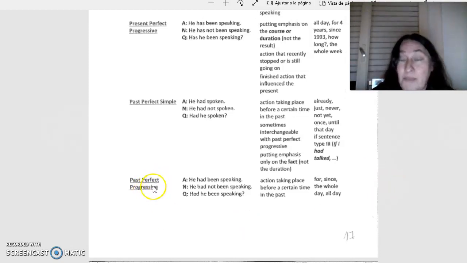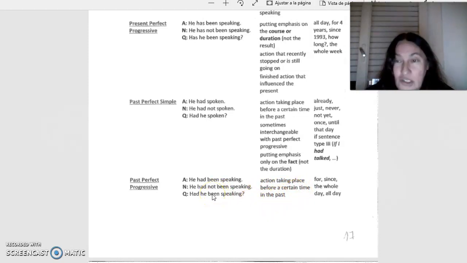And then the past perfect progressive, where you have had, been, verb ing, had been speaking, the insertion of not for the negation and the inversion for the question. It says here as an explanation of use, action taking place before a certain time in the past.